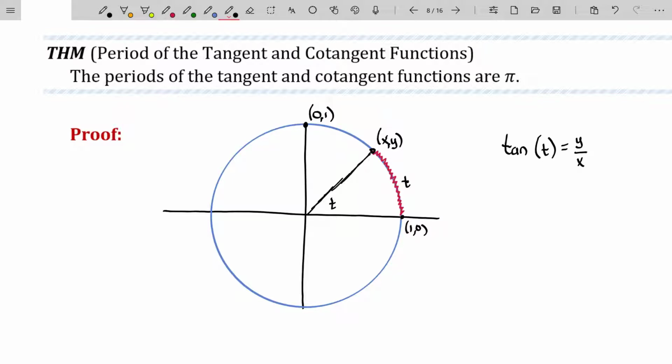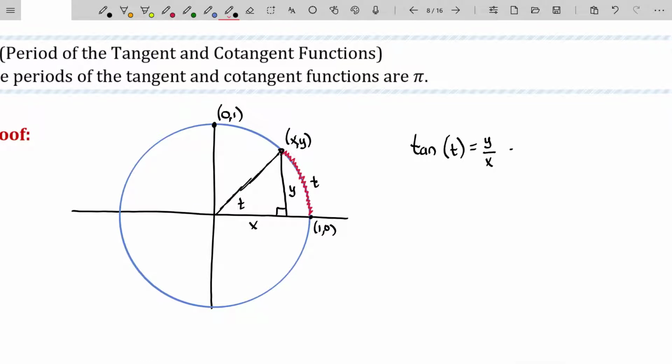Now, if you think about that, here is the y value and here is the x value. So in reality, what the tangent is really giving us is rise over run. It's actually giving us a change in y over a change in x. Why do I say that? Because technically this line that we call the radius, this line segment, connects the 2 points x comma y and 0 comma 0.